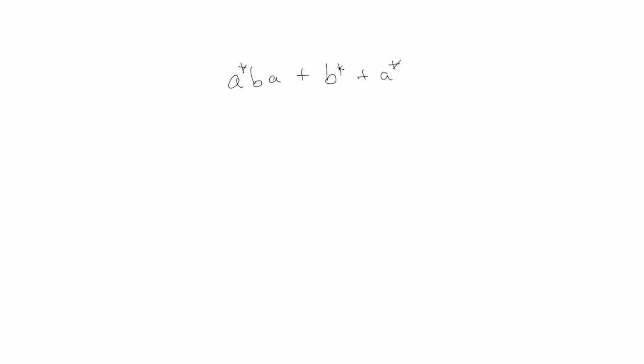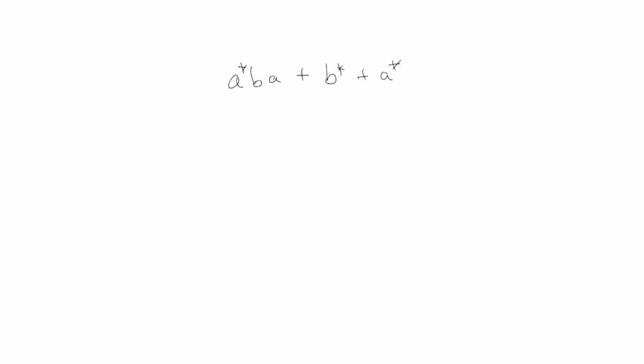We use the word matches certain strings, and I hope everybody remembers. The plus means or, and the star means iterations. So this thing matches anything that looks like a bunch of A's followed by BA, or just a bunch of B's, or just a bunch of A's.